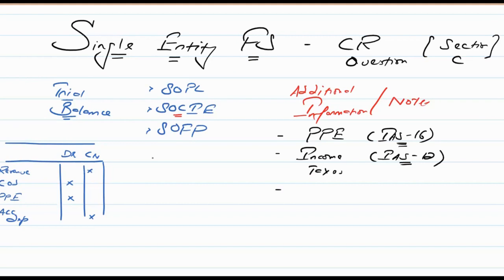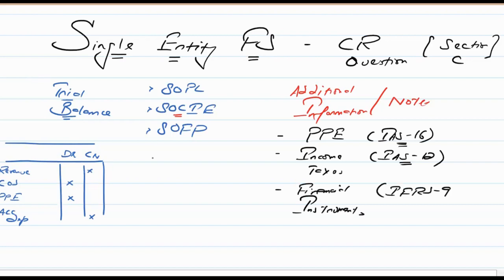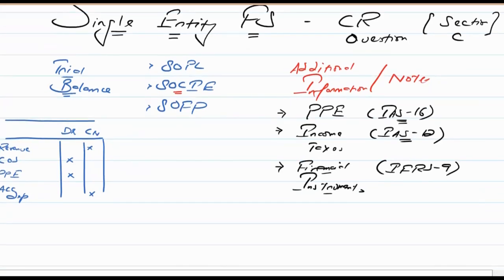And then one more is the financial instruments, which is IFRS 9. So you always see an adjustment from financial instruments, IFRS 9. These are the three adjustments you will always see in your final accounts question, or you can say single entity financial statement question.